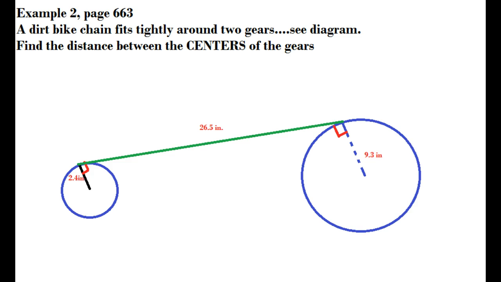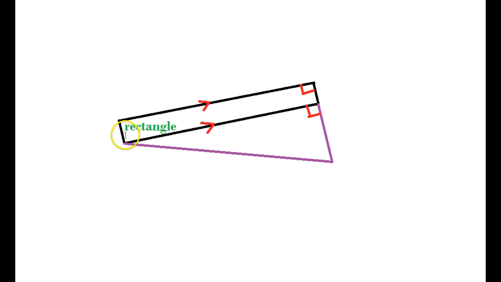Well, remember that funny quadrilateral we had? Well, what they figured was, if we take the radius of the smaller wheel and we make a rectangle, so this over here is the radius of the larger wheel, and we make first a rectangle here using parallel lines.